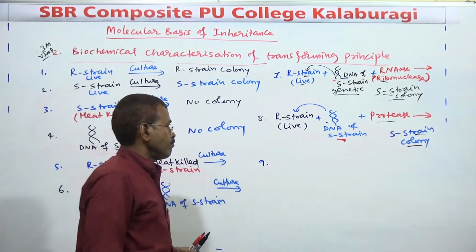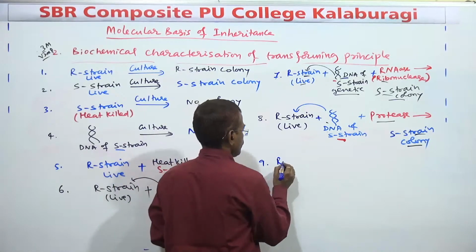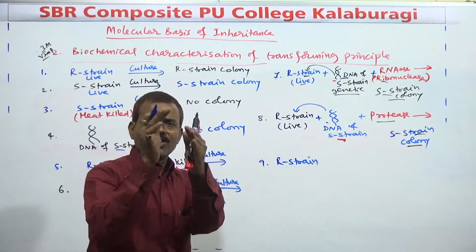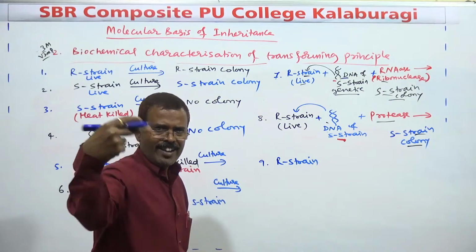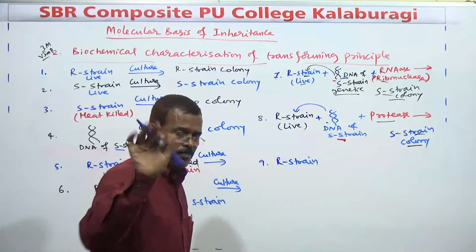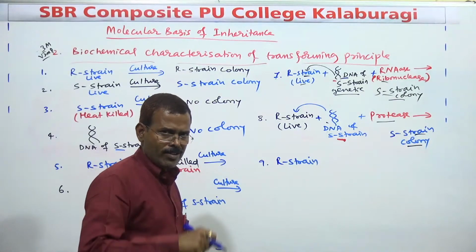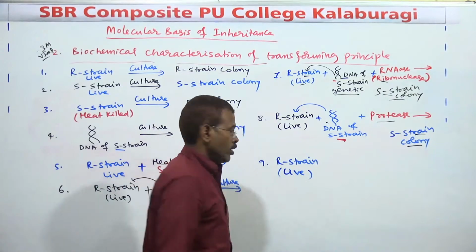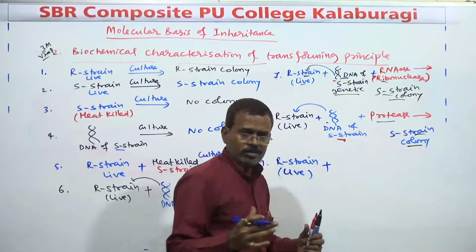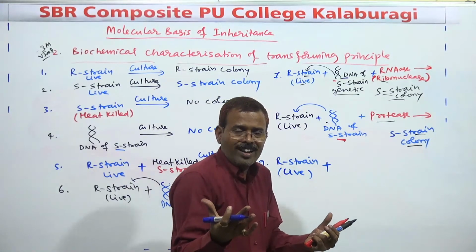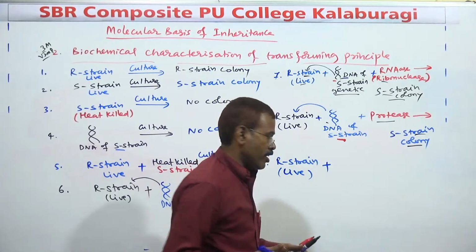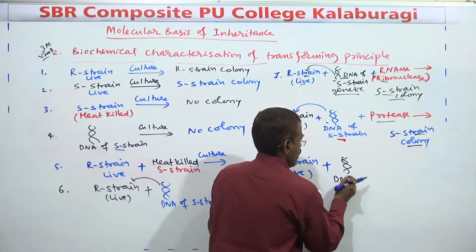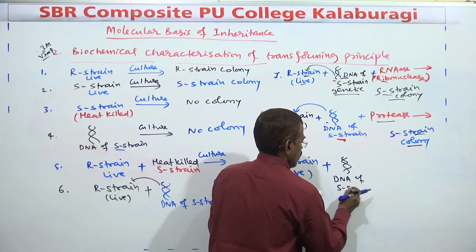Now what they did? They took live rough strain Diplococcus pneumoniae bacteria, rough strain type 2, smooth strain type 3, I already told you, every time I do not mention this. It is live, mixed in a test tube or in a culture plate on nutrient medium, mixed with DNA of S strain.